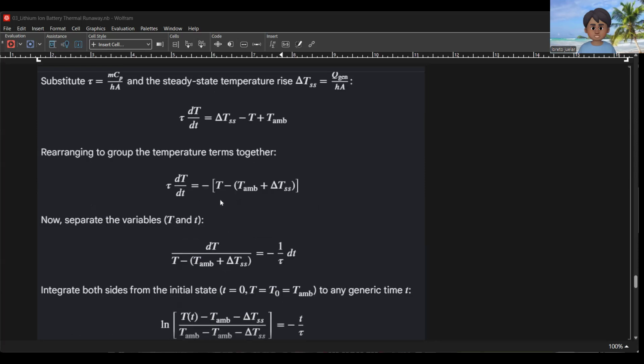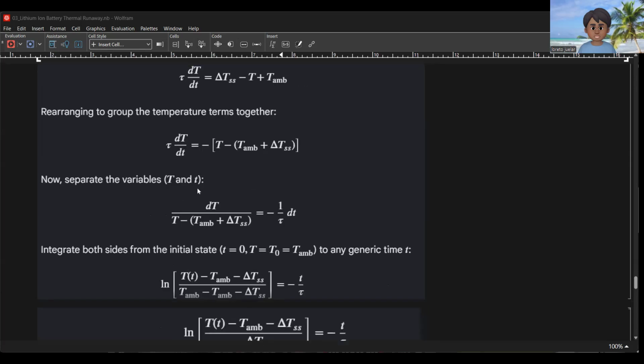We simplify this to the time constant times the derivative of the temperature with respect to time. This is equal to negative of T minus the parenthesis T ambient plus delta T SS.